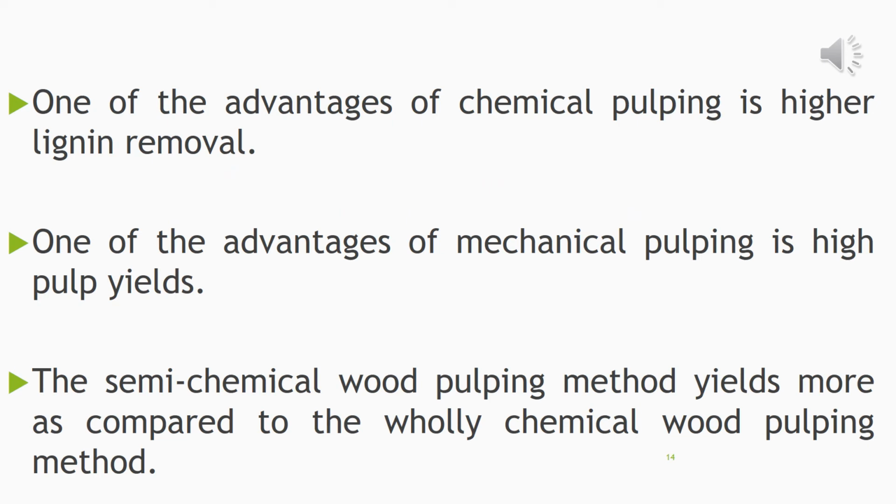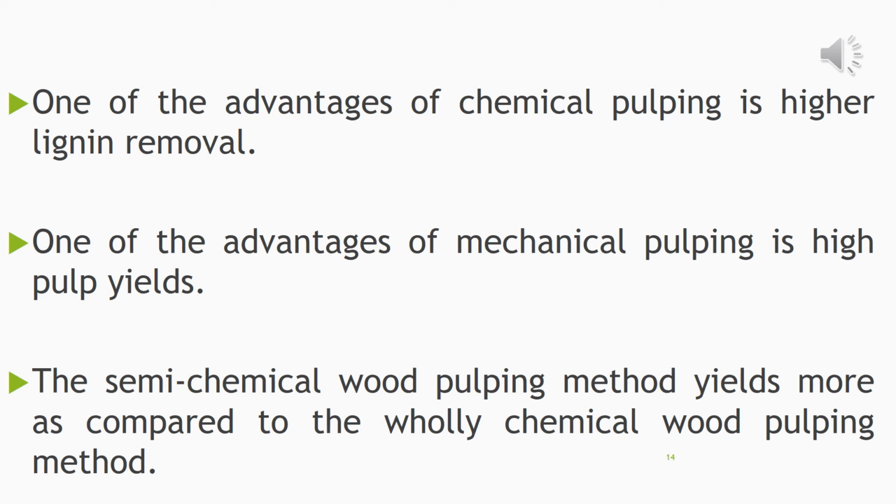Besides other advantages, one of the advantages of chemical pulping is the higher lignin removal. And as we have studied before, the advantage of mechanical pulping is high pulp yields. So we have said that mechanical pulping is commercially cheaper.